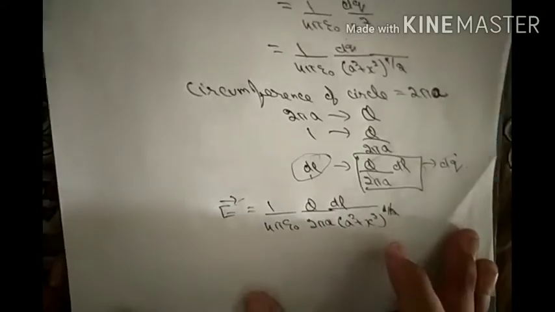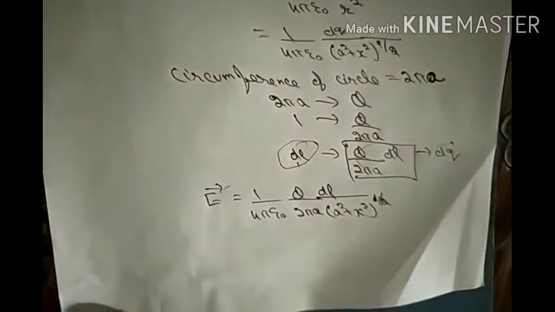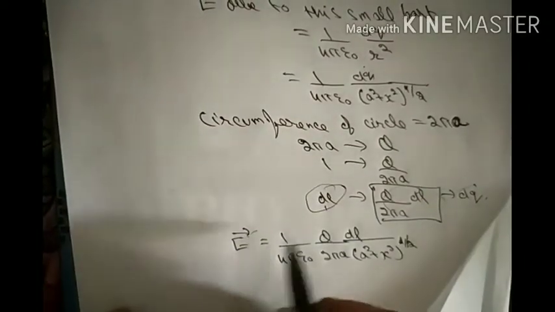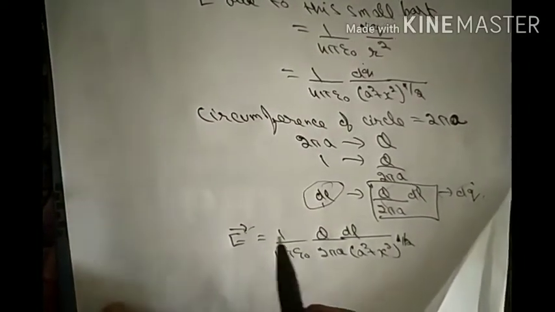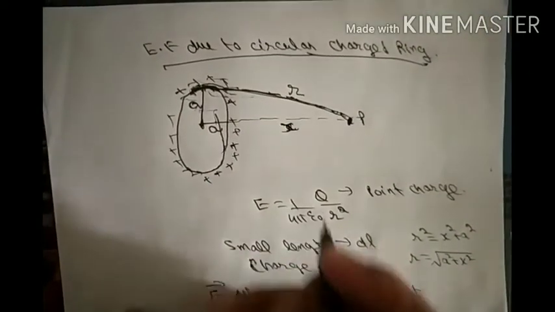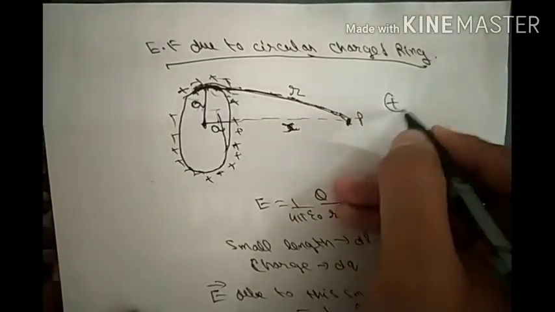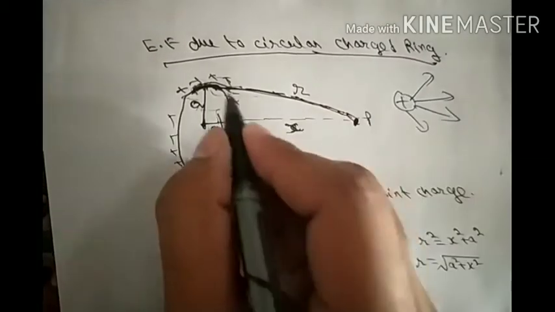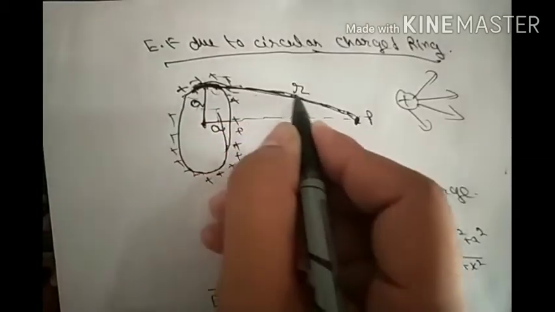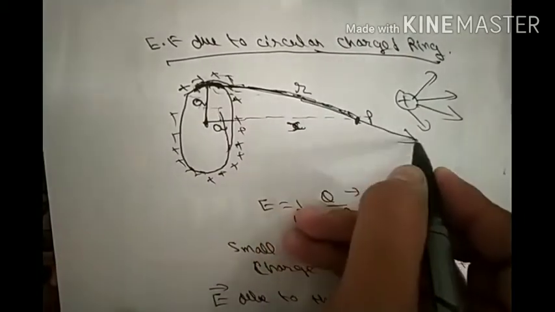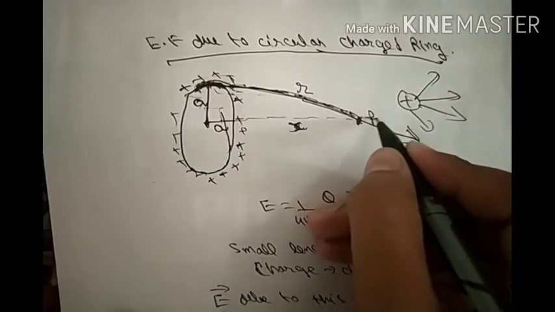Now we know electric field is a vector quantity, so we have to find the direction also. It is a positive charge, and due to positive charge the electric field is outwards. So here is the point, and the electric field direction is this.